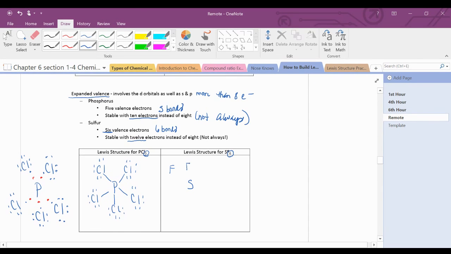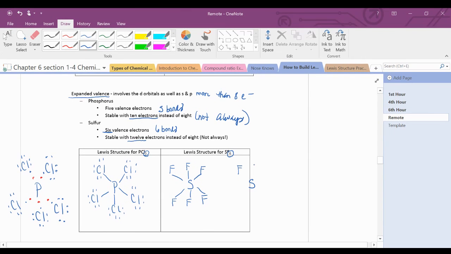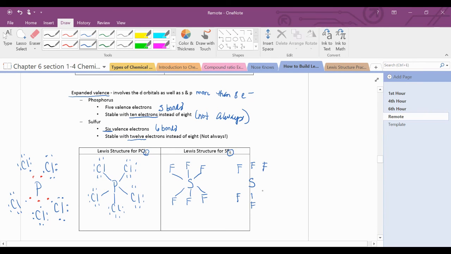All right, so let's look at my Lewis structures for these. So here's sulfur. It's my central atom because I only have 1. And here are my 6 fluorines. And you can draw it with the lines that represent 2 electrons, or we can draw it with dots.